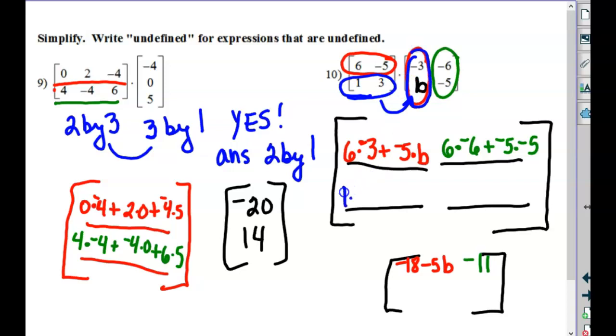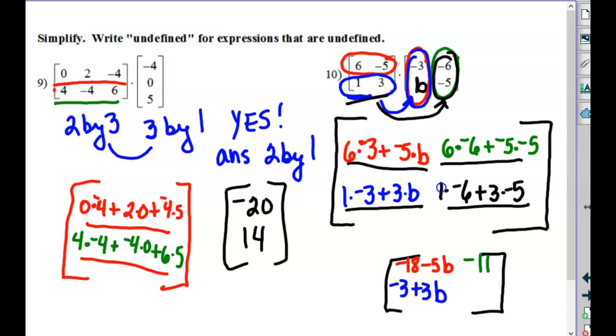So it is 1 times negative 3 plus 3 times b, which would be negative 3 plus 3b. All right. And then this row by this column over here. 1 times negative 6 plus 3 times negative 5. Negative 6 plus negative 15 is negative 21.